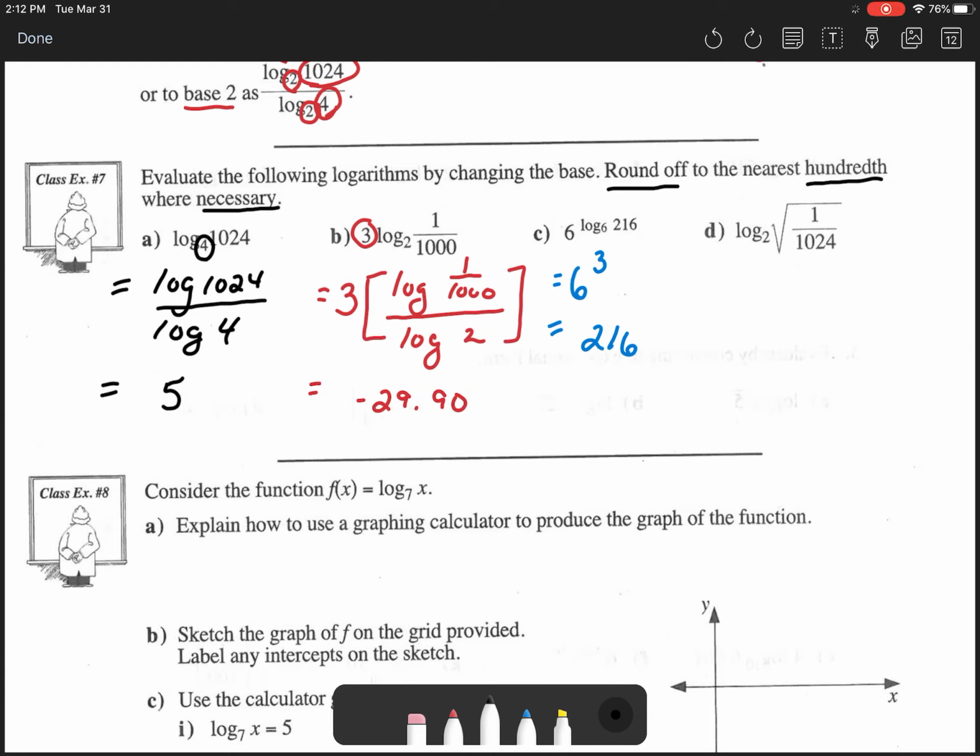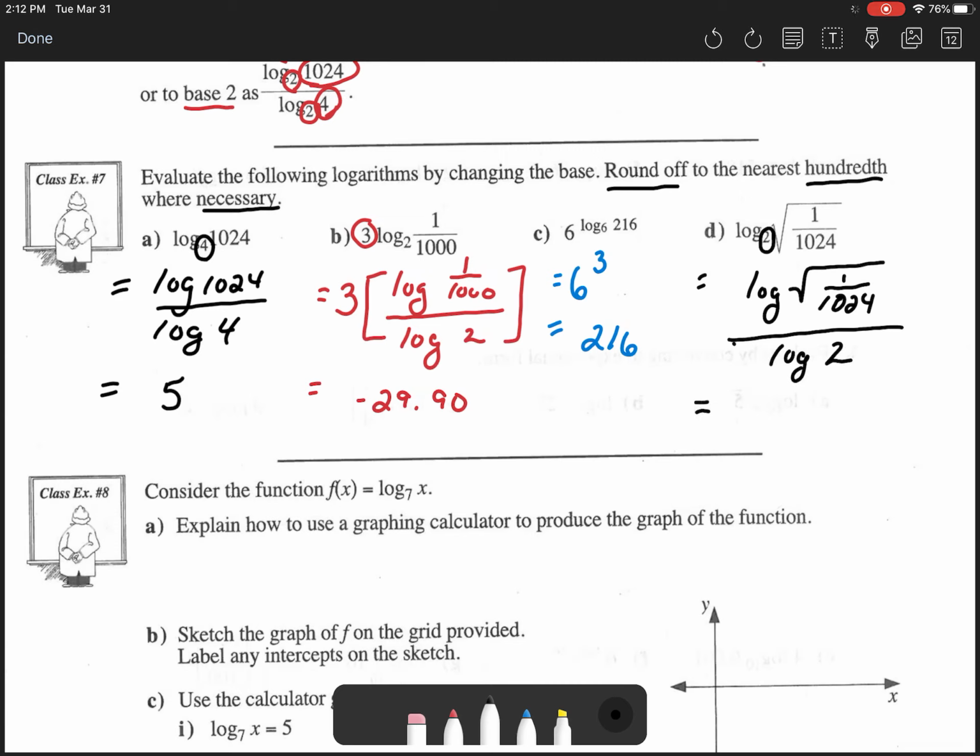Last one, D here. In this one, I have a base of 2, and this square root of 1 over 1024, that whole thing is the argument. So unfortunately you have to go log of the square root of 1 over 1024, and you're going to divide by the log of 2.